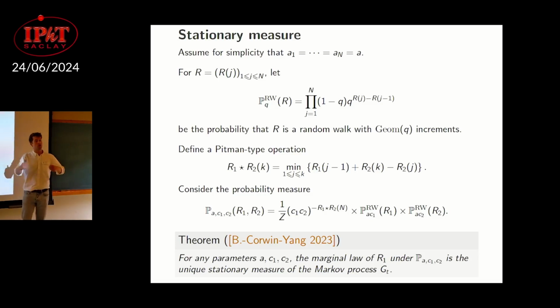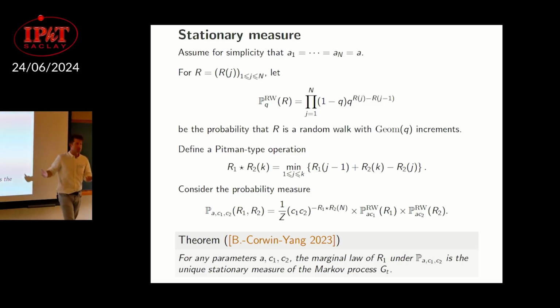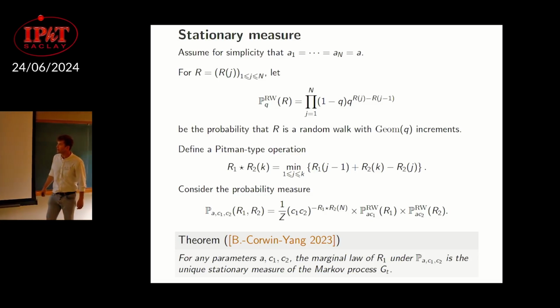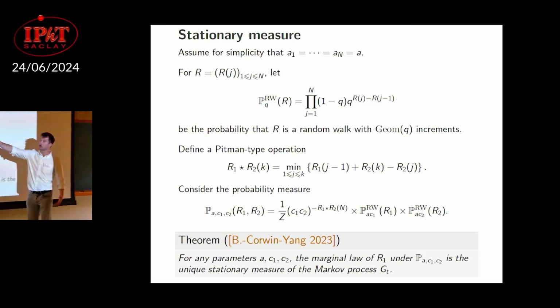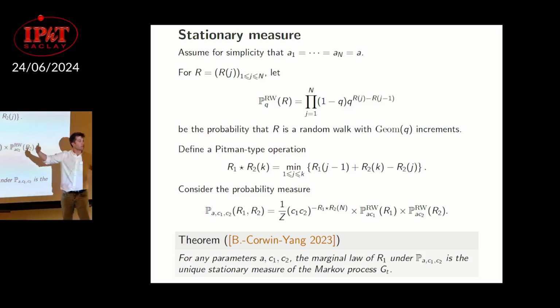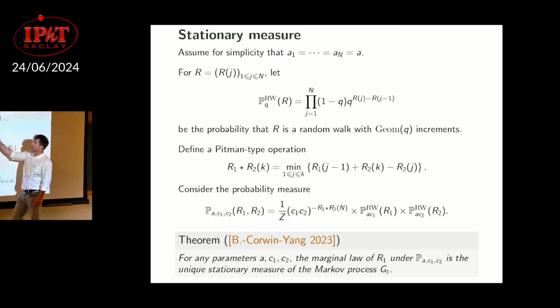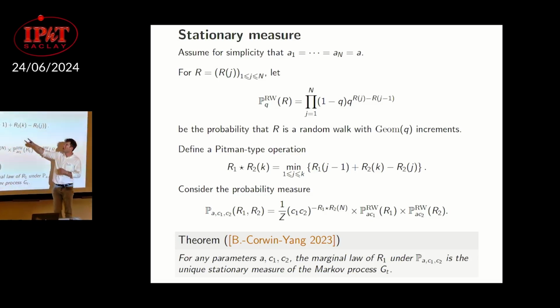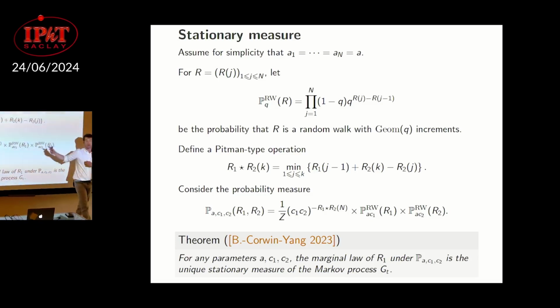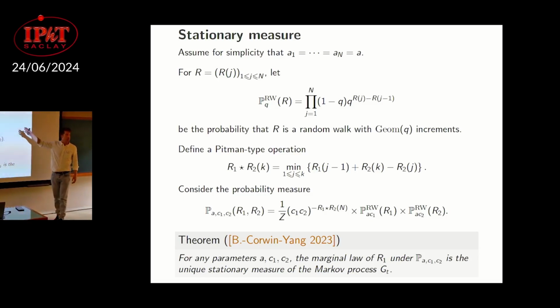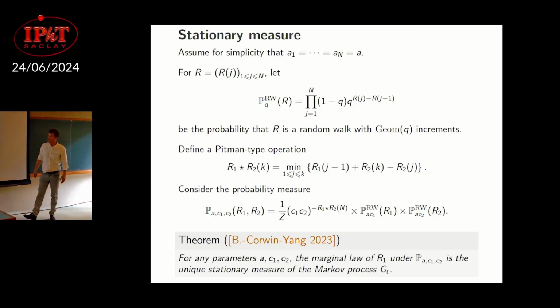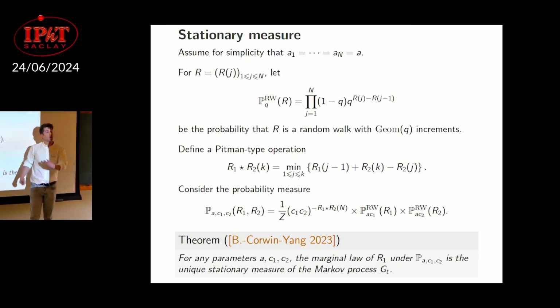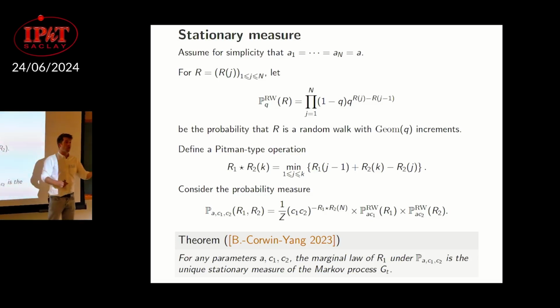Given two random walk paths, I can make an operation on them, which is quite reminiscent of Pitman transforms. So R1 star R2 will be a new random walk, which is defined in terms of a minimum of R1 plus the increment of R2 between J and K. And then I will define a probability measure on two random walk trajectories, R1 and R2.